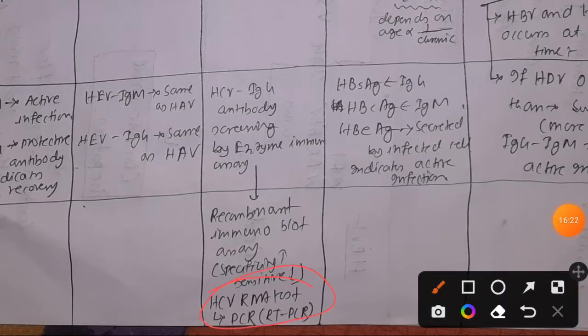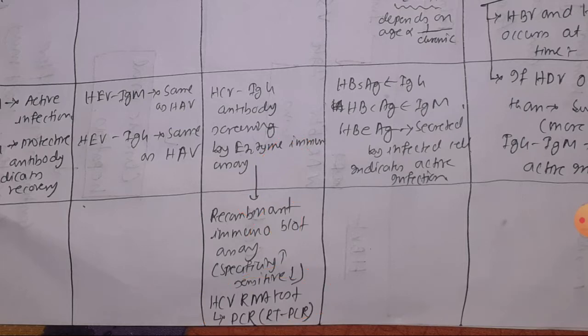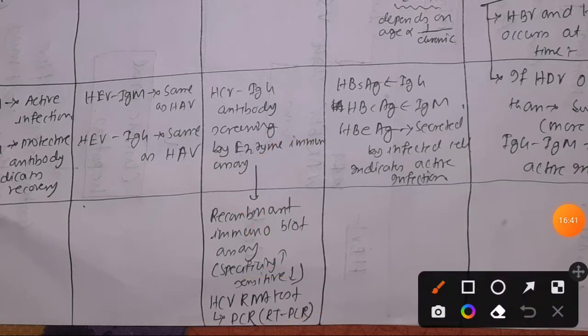That is why we exclude both of these, and we usually prefer the HCV RNA test, that is the detection of RNA, or more specifically the detection of cDNA with the help of reverse transcriptase real-time PCR. If reverse transcriptase real-time PCR detects an increased amount of fluorescence due to the primer we have used, specific for that particular HCV RNA, we can conclude that the person is infected with HCV.